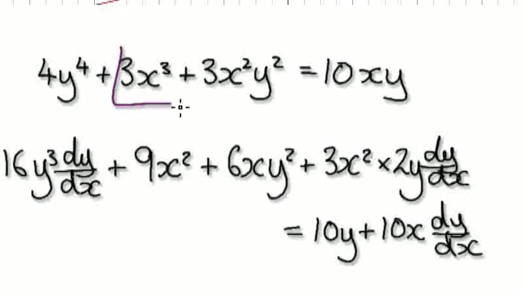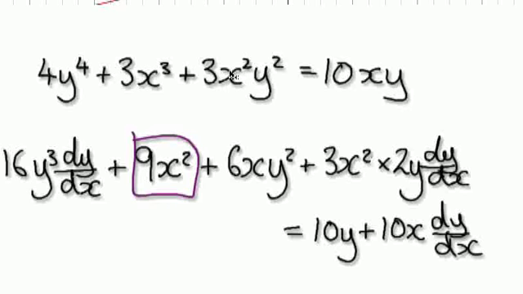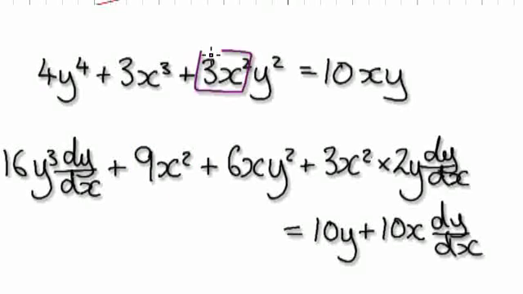Now this one here, x is not a function of anything, so when you differentiate it with respect to x, it will just give you 9x squared. Here you've got to use the product rule, because you've got a combination of x, and in a way x is buried within this thing here.